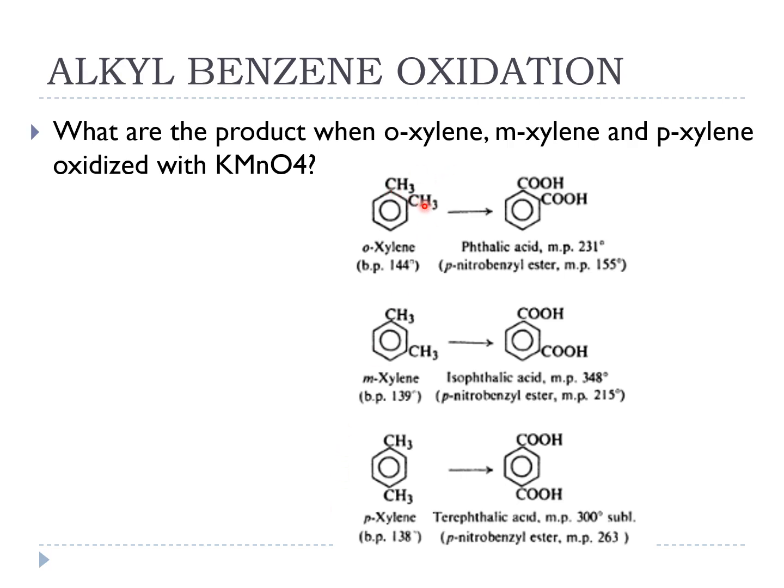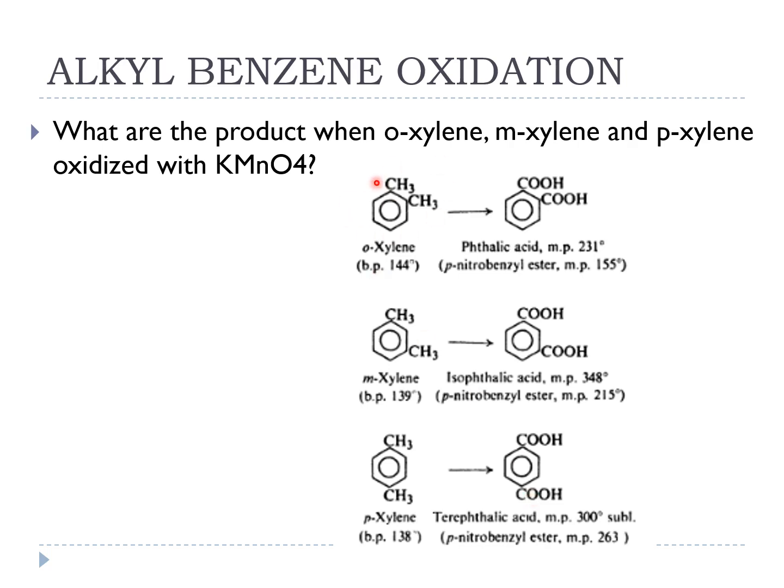carboxylic acid. So in orthoxylene, we have two methyl groups attached in the ortho position, which will be converted into two carboxylic acid groups. The product is named phthalic acid, and metaxylene will be converted into isophthalic acid, and paraxylene is converted into terephthalic acid.